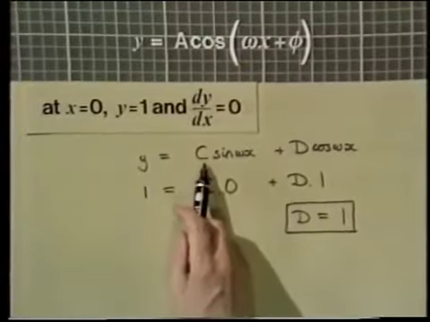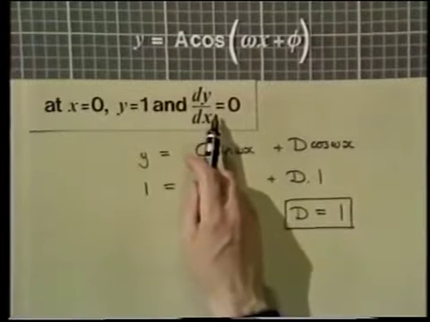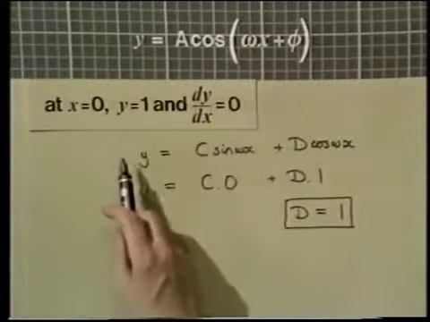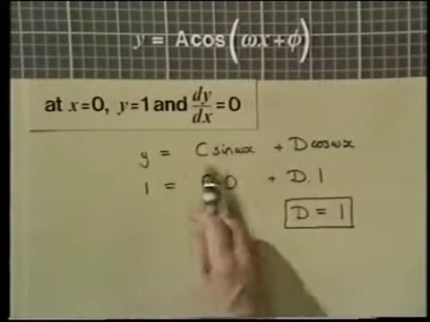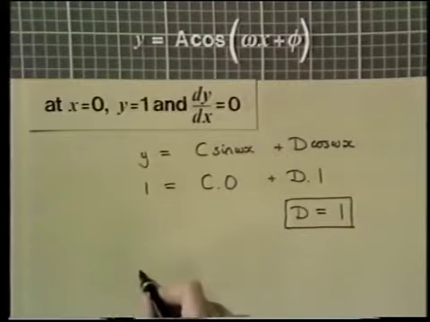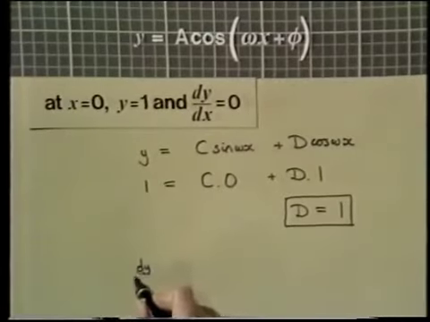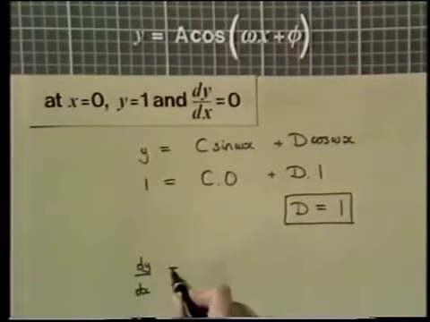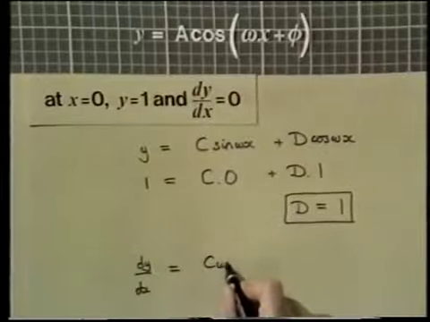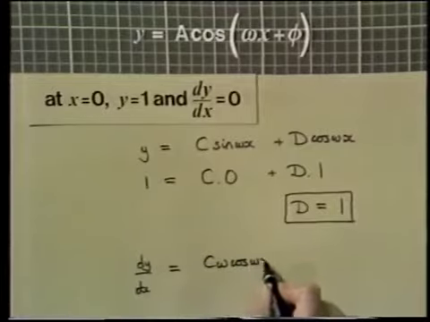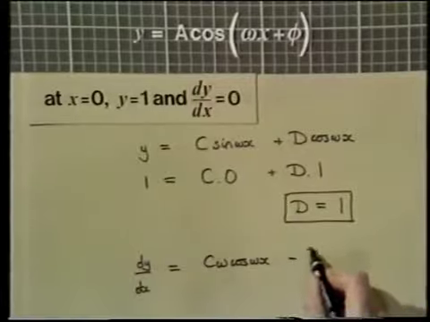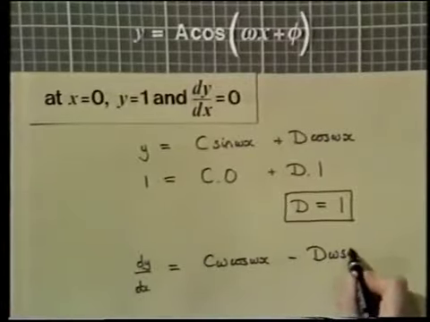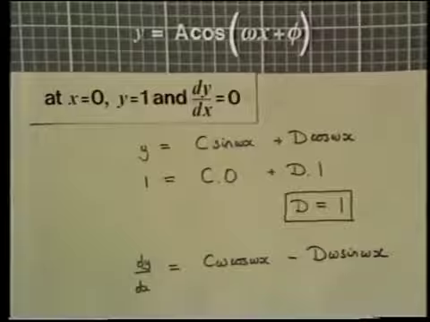But to find the other one, I need to use the other condition. So what I'll have to do is actually differentiate this general solution to see what I get. Let me do that. Get that. And that.